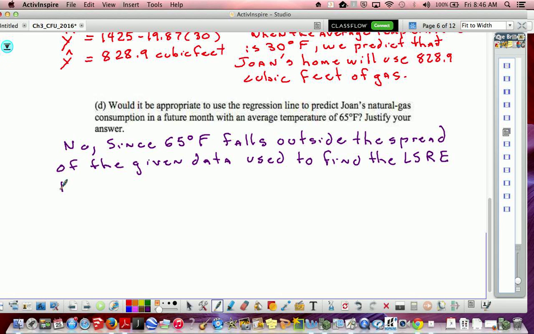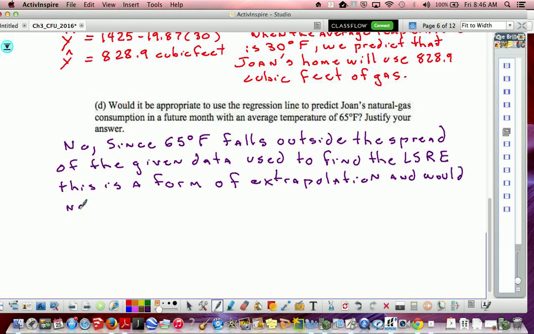So again, since 65 degrees falls outside the spread of the given data used to find the least squared regression line, this is a form of extrapolation and would not give an accurate prediction.